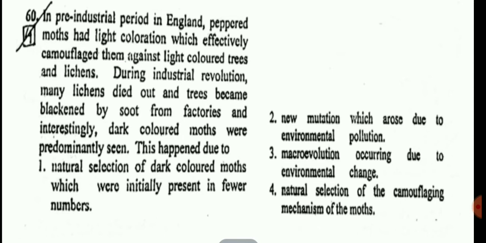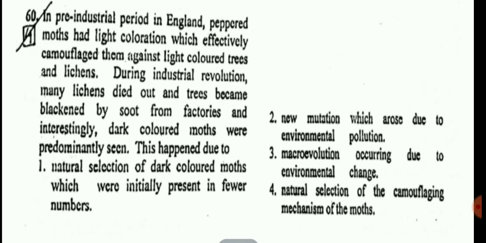And the third option, macroevolution, is a wrong option. And the second option, new mutation which arose due to environmental pollution, is also wrong. The very correct answer is the natural selection of dark colored moths which were initially present in fewer numbers. Natural selection is the process here.